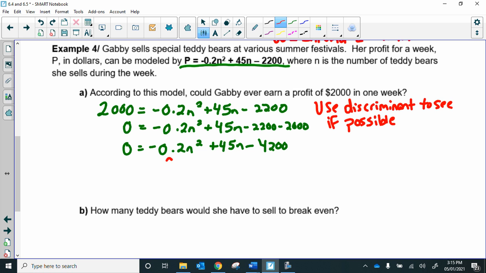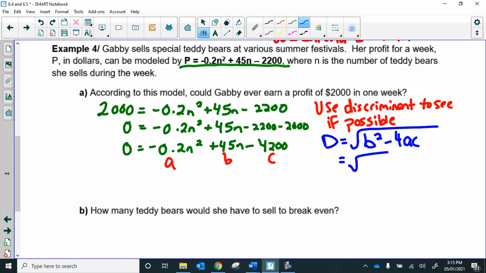So for the discriminant, we need our a, b, and c value. It's b squared minus 4ac, so that's what's under the square root in the quadratic formula. We're just going to plug these numbers in here. And you can sub that into your calculator all in one step.